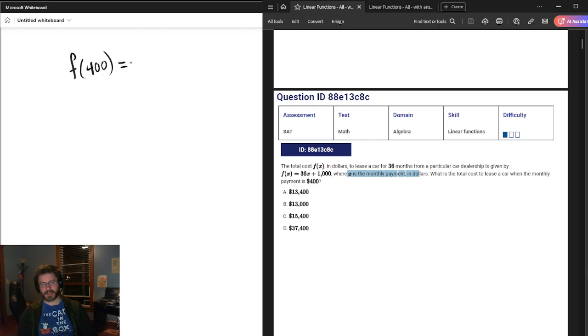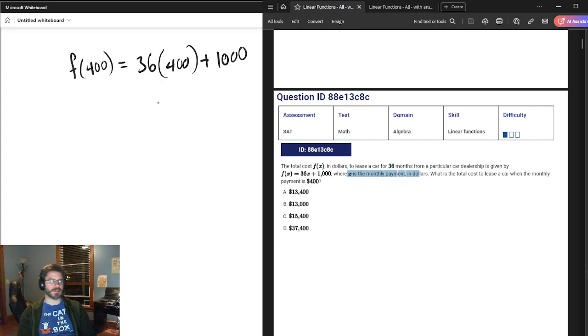And they tell us the monthly payment is 400. 36 times 400 plus 1,000. 36 times 4 is 120 plus 24, 144, plus 2 zeros, so 14,400, plus 1,000 is 15,500.